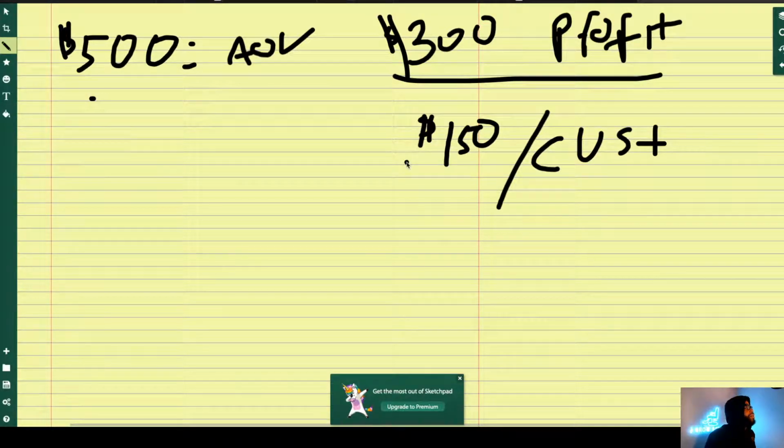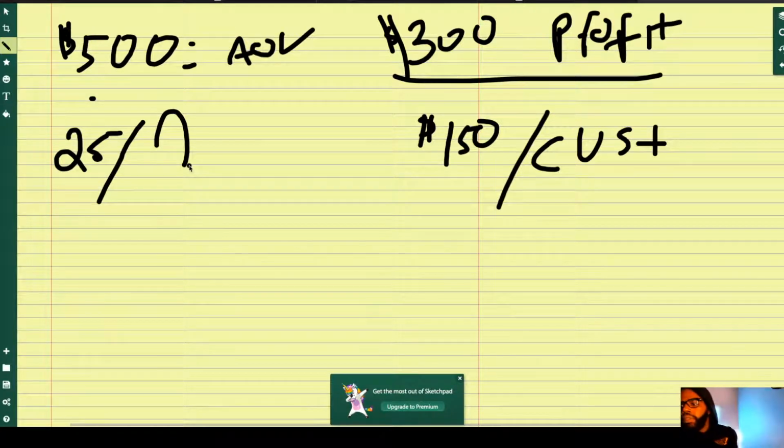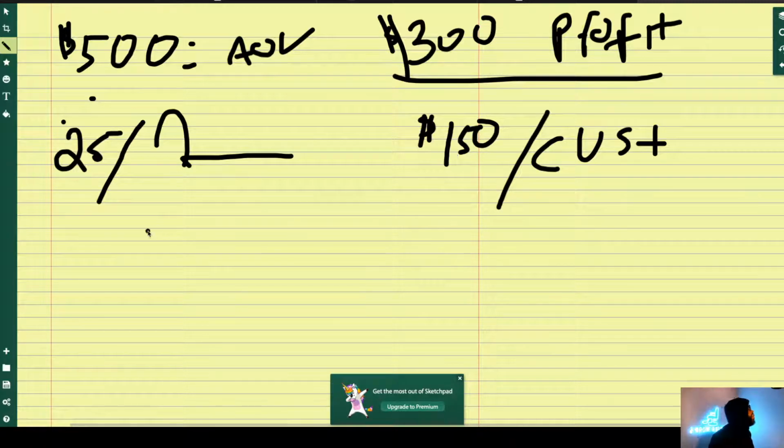So, if every $150 spent, we're acquiring one customer, we would divide this by 7, and that will give us about $20 or so.